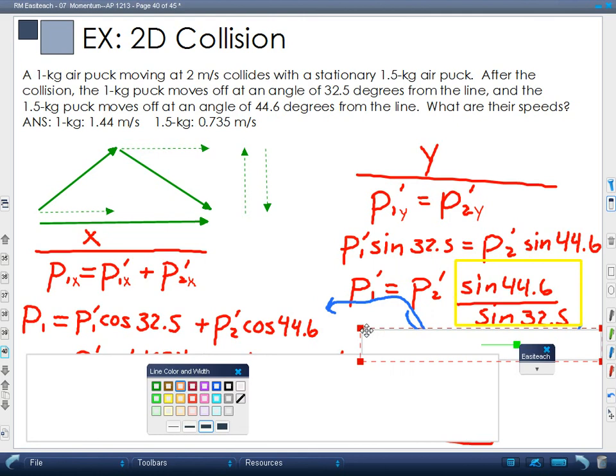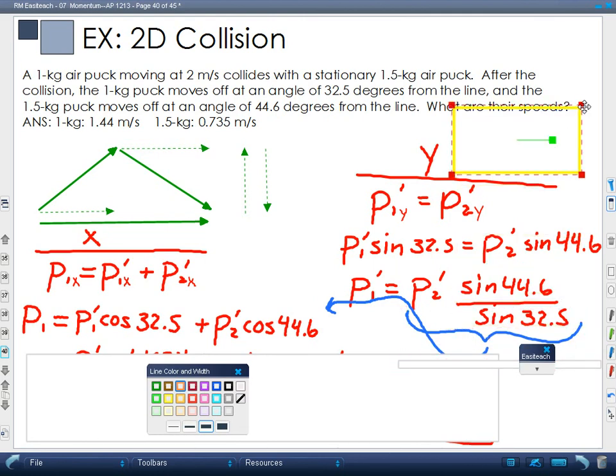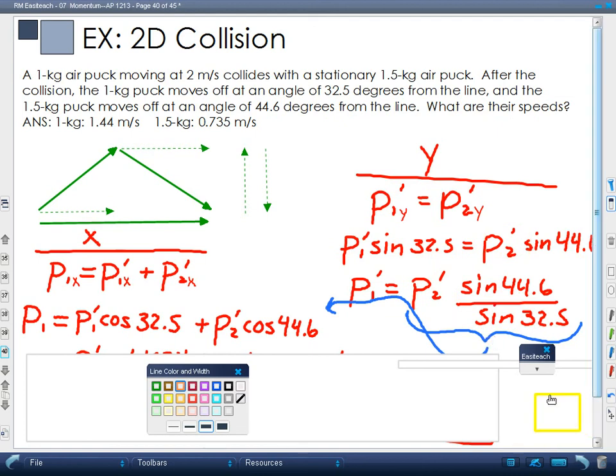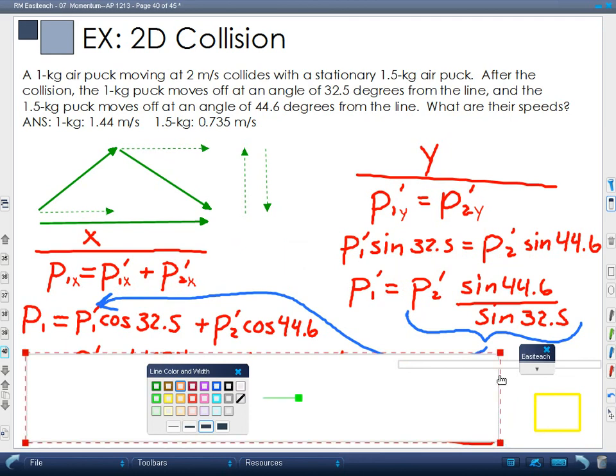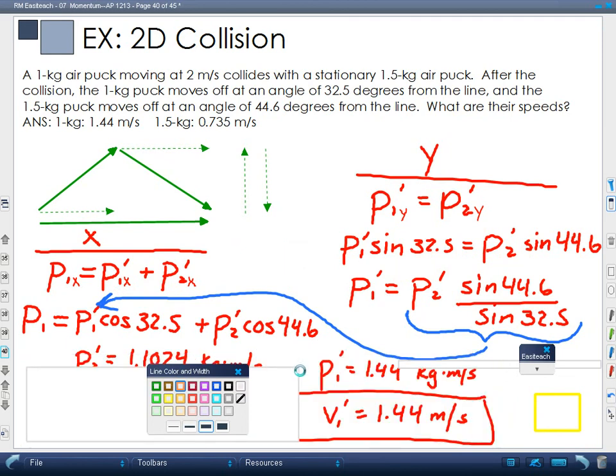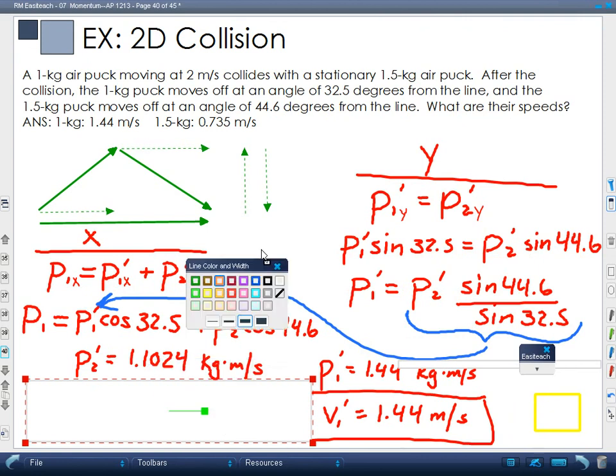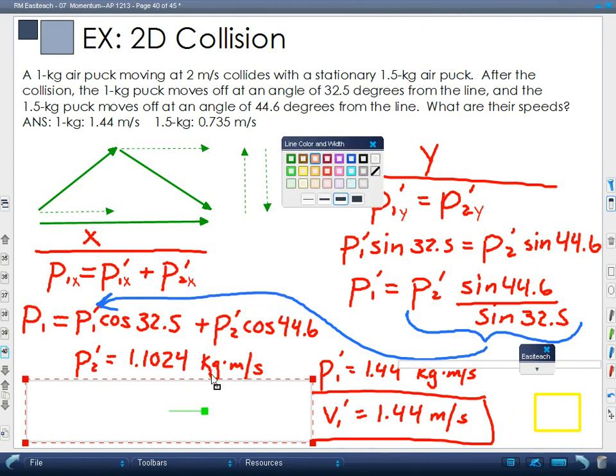And now that whole quantity, which I'm bracketing here, will get substituted here for P1 prime. You plug, you chug, and you can solve for P2 prime, because now we'll have an expression that's in terms of P2 prime. You do the algebra yourself.